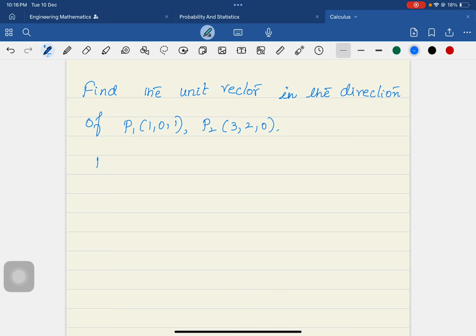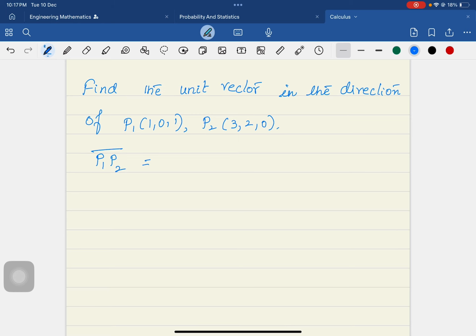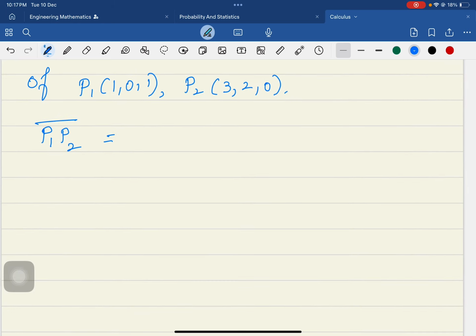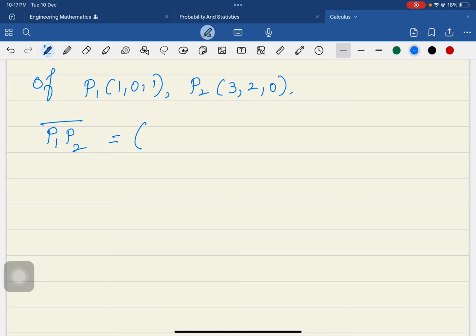So what we have to do first is find the vector P1 P2 bar. P1 P2 bar is 3 minus 1 comma 2 minus 0 comma 0 minus 1. So that is 2 comma 2 comma minus 1.